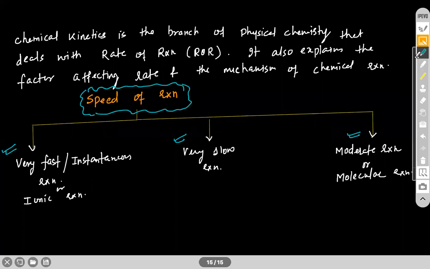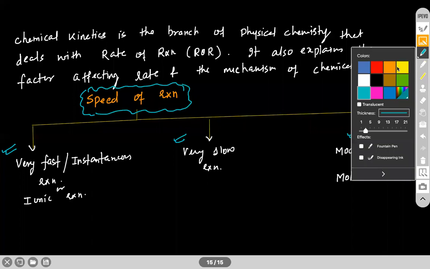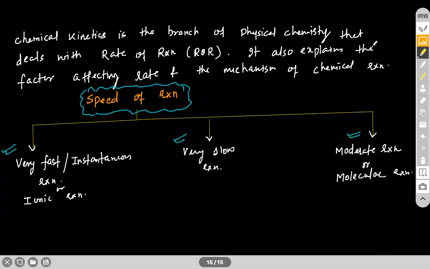You don't have to memorize this, but just for your understanding, I'm telling you this. You cannot even imagine this time, and the reaction gets over. That's why these are very fast or instantaneous reactions.